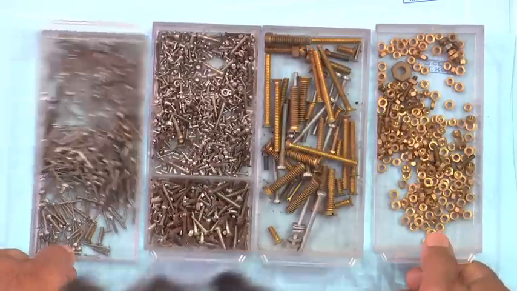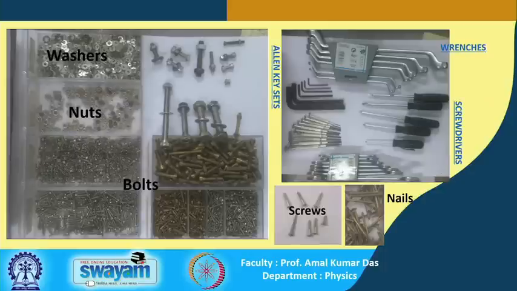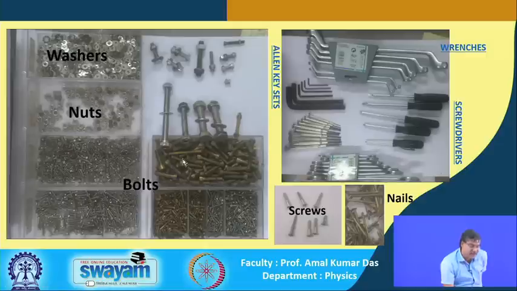Now, let me tell you about the difference between these words: nut, bolts, screws, nails. Okay. If you see in this picture, here we have a bolt, these are nuts, and this is the washer.